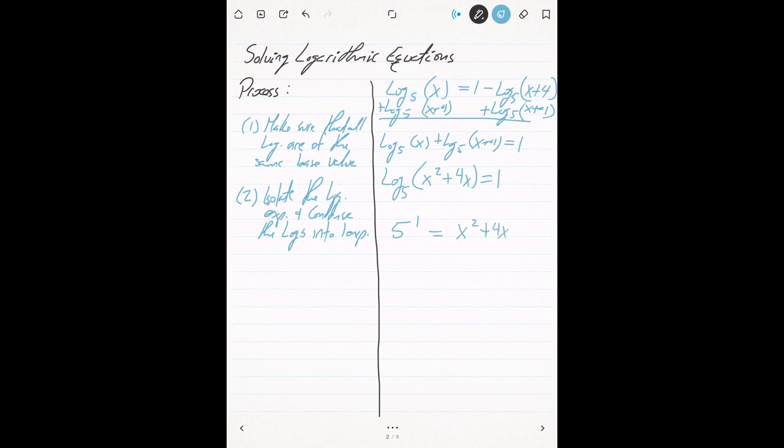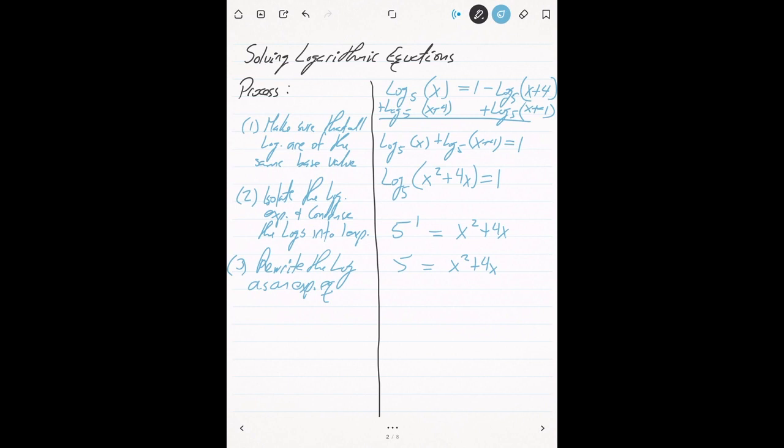Once we've isolated the log and condensed the logarithmic expressions into a single expression, we can now rewrite the log equation as an exponential equation. I'm going to abbreviate that exp and then equation eq. So here we have 5 is equal to x squared plus 4x.